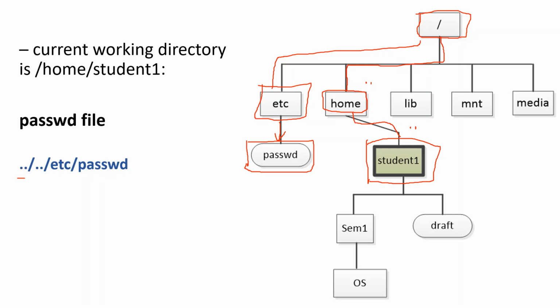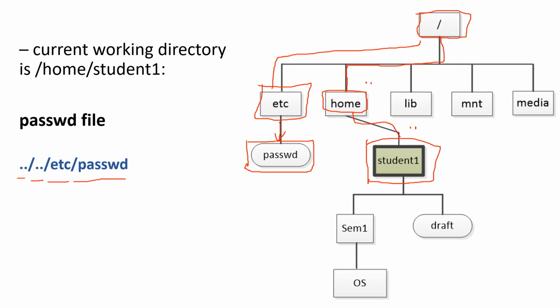Sorry, it is home. And then from home you cannot just jump to etc. We need to go higher so that we can go down. So it requires you to go up to the parent, another double dot. Now you are in the root directory, and only then can you mention the path of etc and then password.